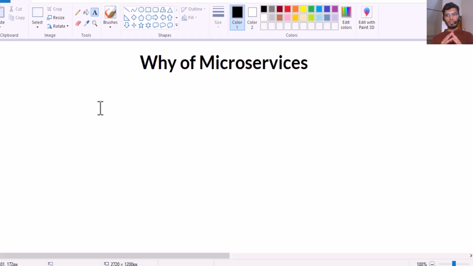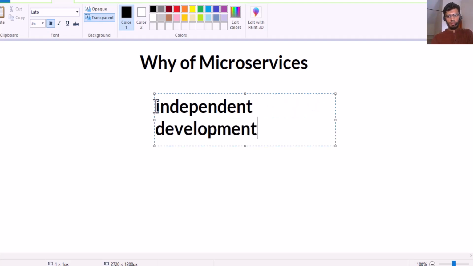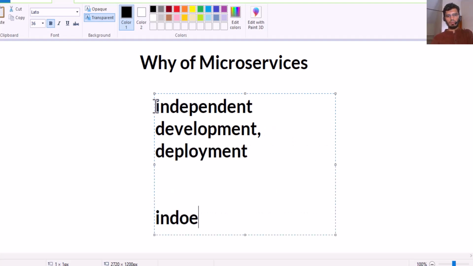But monolithic architecture fails in two things that microservices architecture provides us. The first one is independent development and deployment, and the second one is independent scaling.